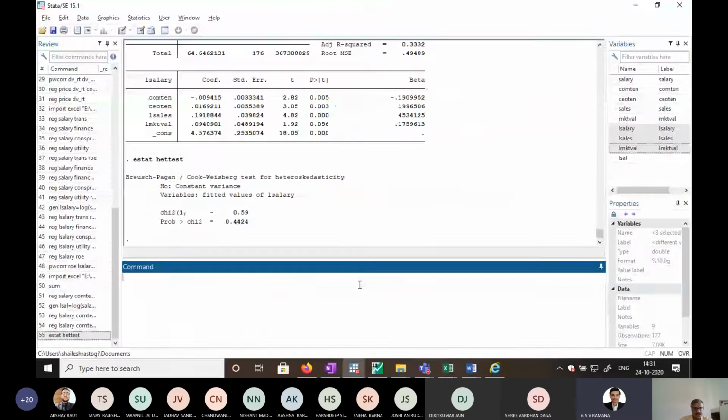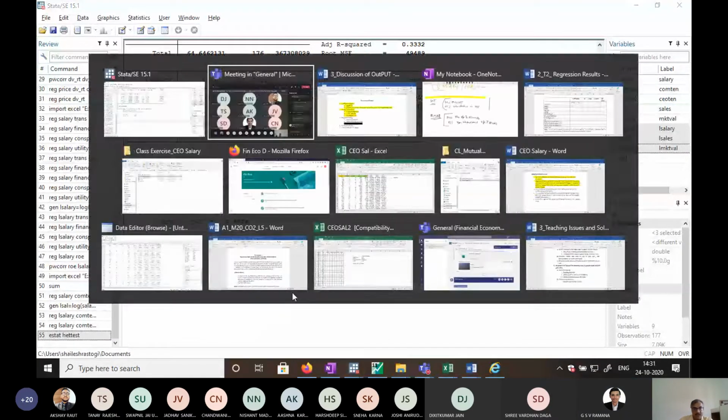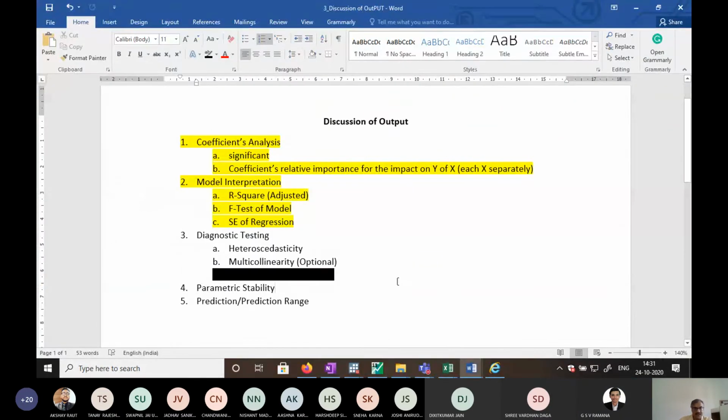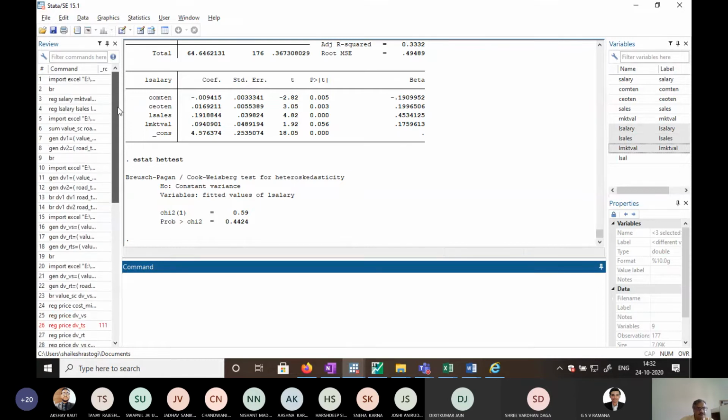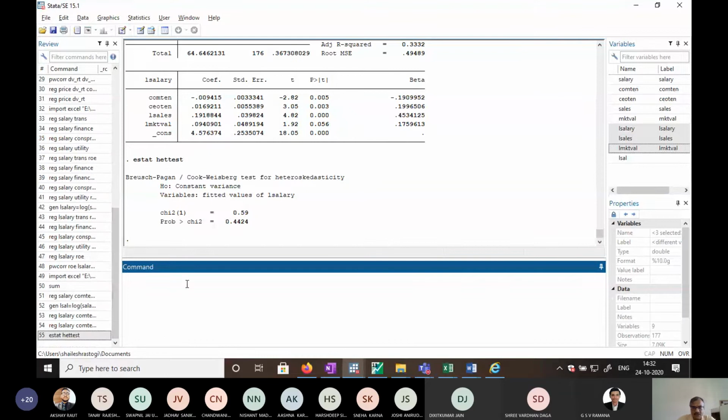So we move to the next. Next is multicollinearity. We'll test multicollinearity. As I have discussed, multicollinearity is tested with the help of pairwise correlation coefficients, and I can take all the variables which are there, but I have multiple variables.